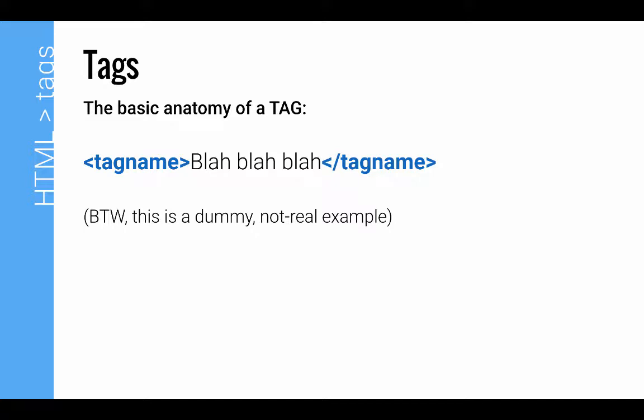All right, so as I said before, all HTML is built on the concept of tags and the way that you mark tags up. So in this example, this is a dummy example. It's not a real tag name, but we've got the tag name opening, and then we've got the closing tag name, and the stuff that's in between where it says blah blah blah, that's what would actually show up on the page for a viewing audience if it were in the part of the page that displays.